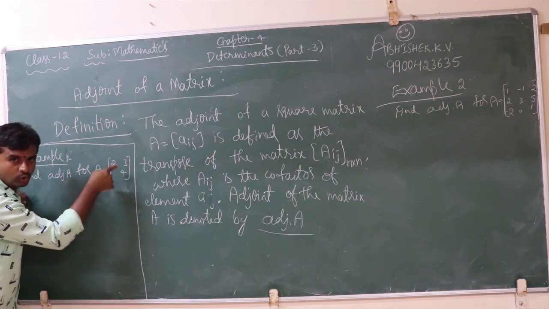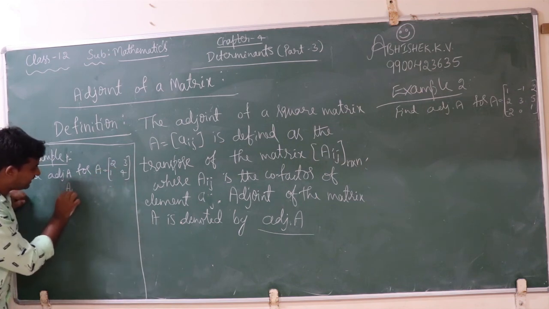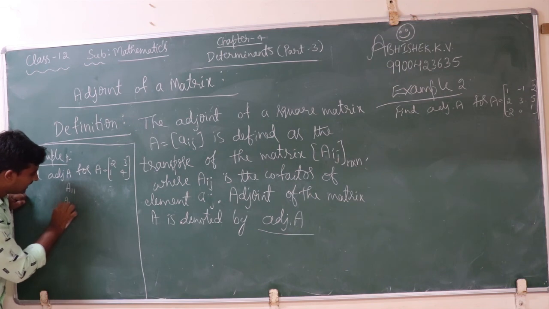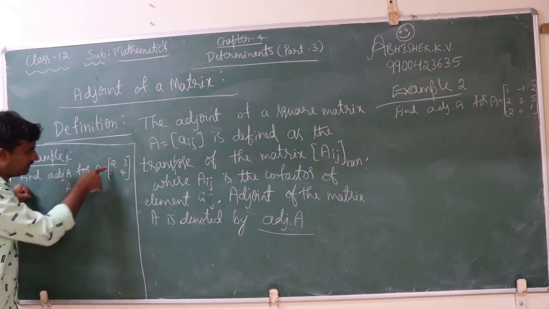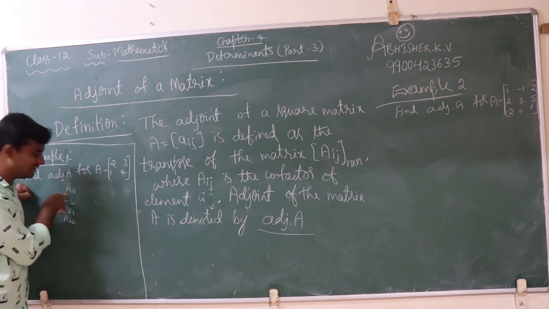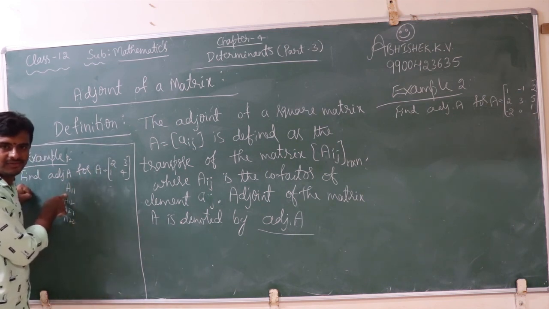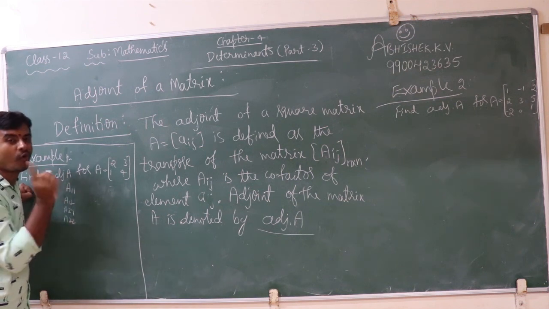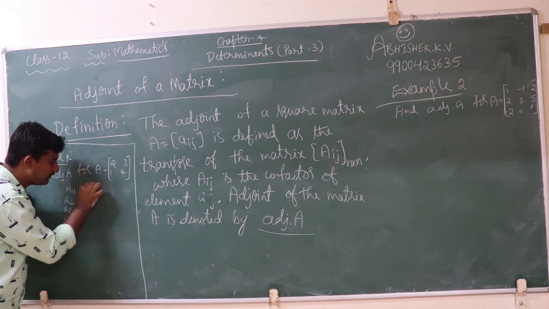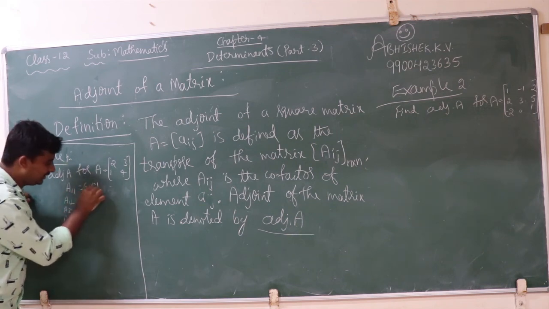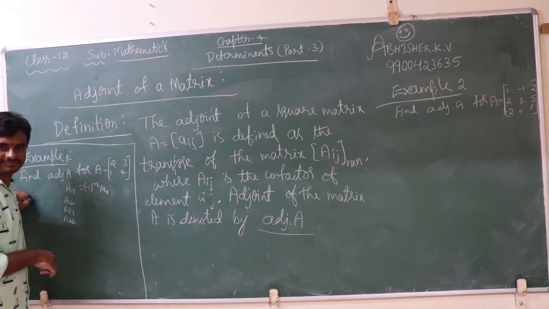For a 2 by 2 matrix, the cofactor is given by A11, A12, A21, A22. For small a11, it is capital A11. Capital A11 represents the cofactor: minus 1 to the power of 1 plus 1 into M11.